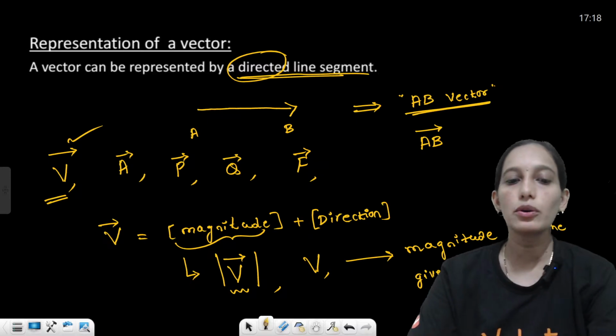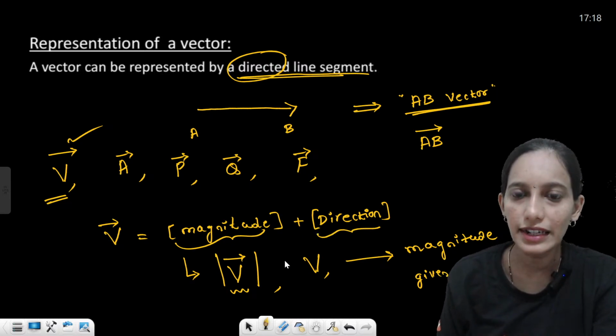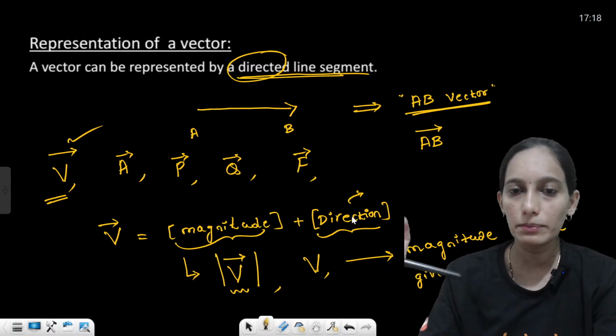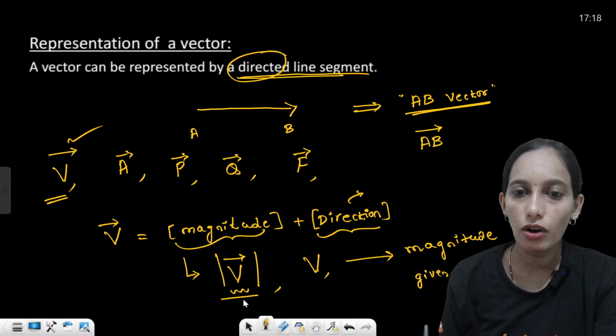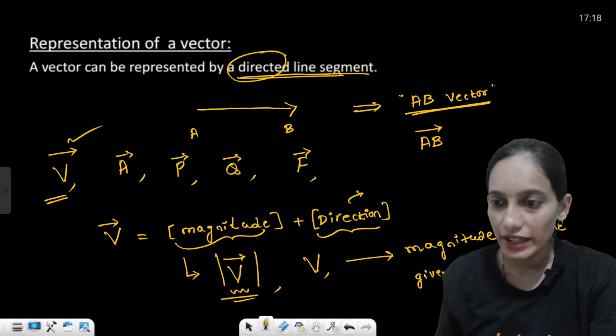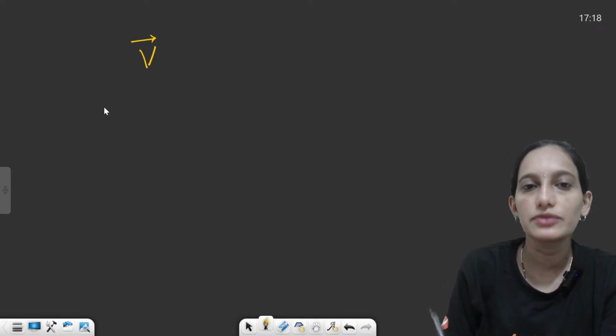Okay, so this is about the representation of a vector. The direction part I'll tell you in a little while. There is one particular way to represent the direction of a vector. So I think now it is clear how to represent the magnitude of the vector. So how do we write a vector? Any vector is represented like this, v vector.